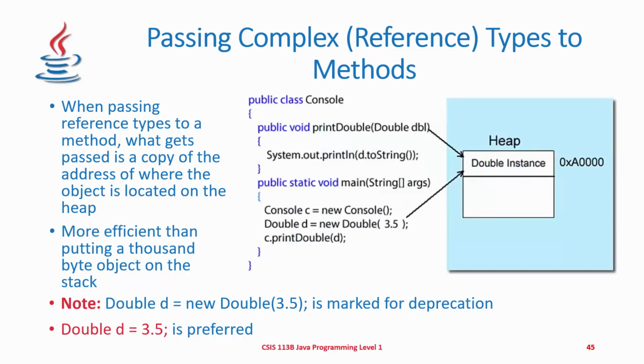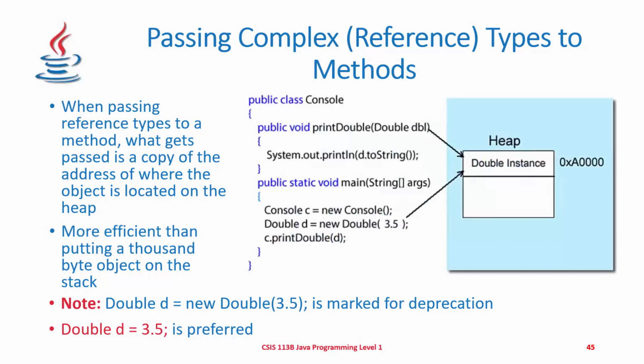So anything that doesn't fit on the stack, we have to store it on the heap. So when we create this method, we're identifying to the Java virtual machine that we'll be receiving the address on the heap of where the information for this double is actually being stored.